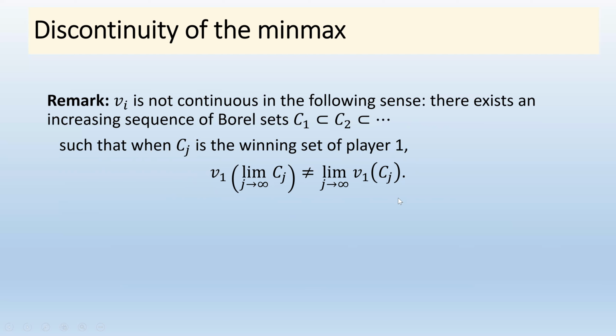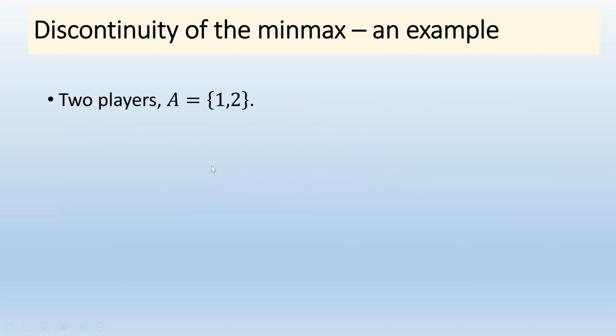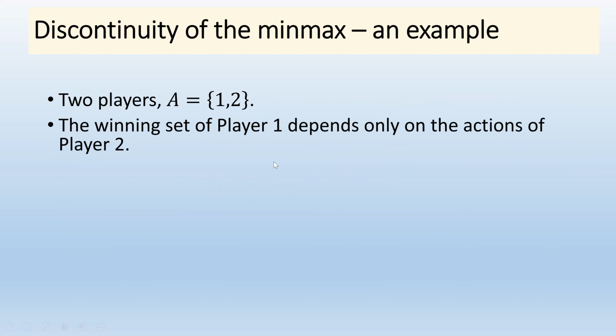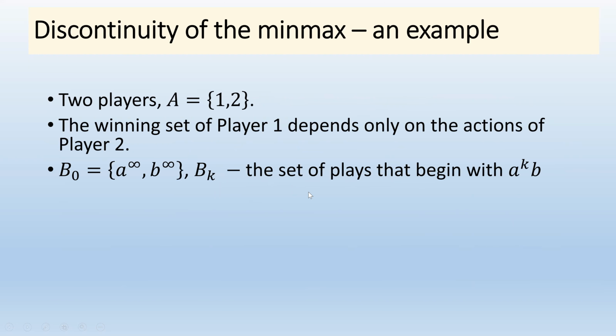To convince you of that, I will show you an example. Consider a game with 2 players, player 1 and player 2, a zero-sum game. The winning set of player 1 depends only on the actions of player 2. And player 2 has 2 actions in each period, A and B. Now we begin to define an increasing sequence of winning sets.